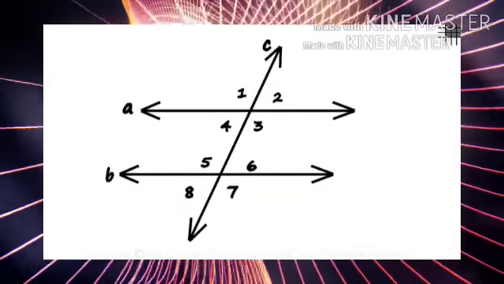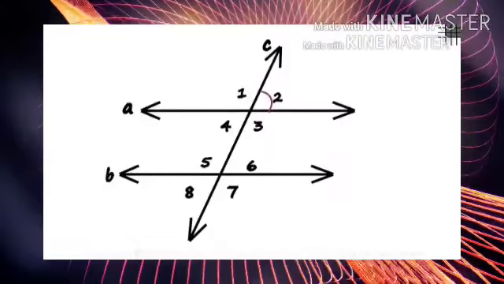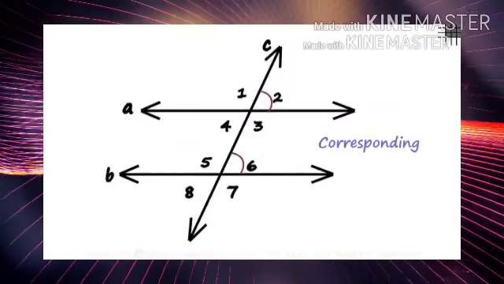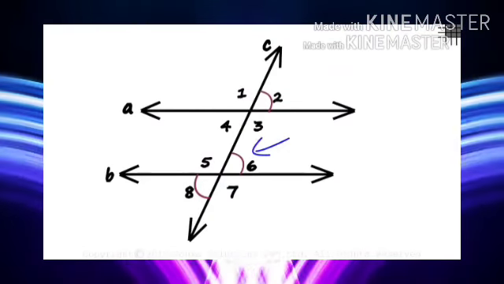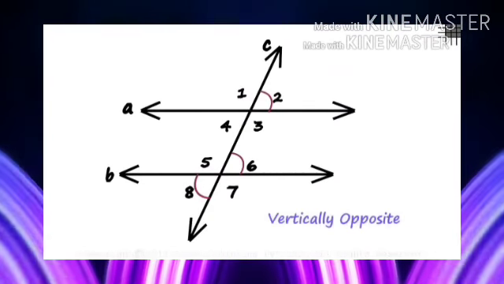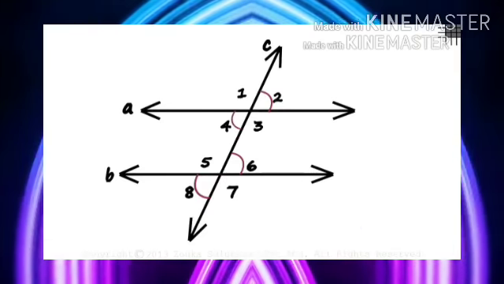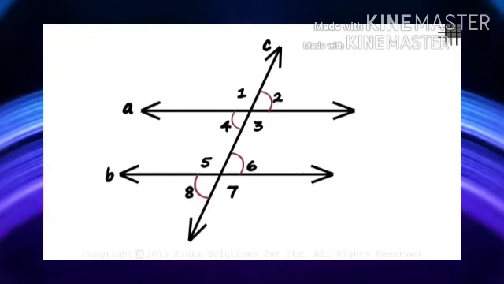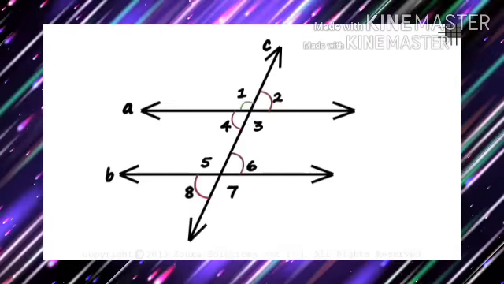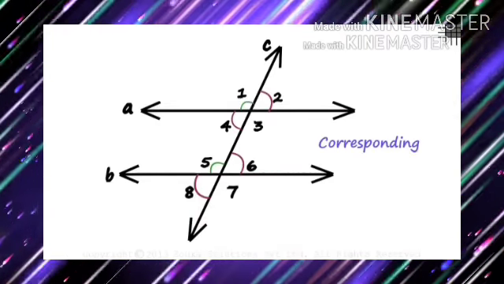Here A and B are parallel lines and C is a transversal. You can see that angle 2 and 6 form a pair of corresponding angles. And angle 6 and 8 are vertically opposite to each other and they are equal. Similarly, angle 2 and 4 are vertically opposite angles and angle 4 and 8 are corresponding angles.